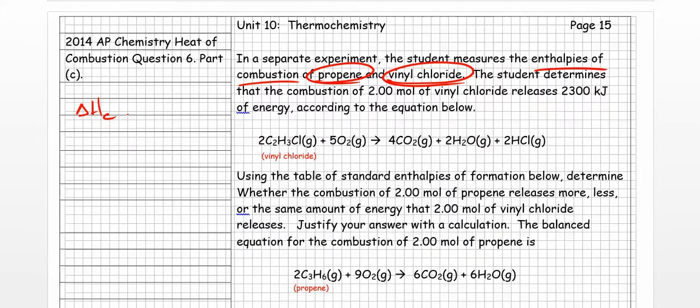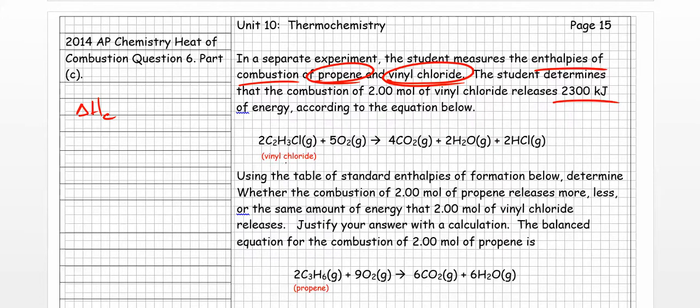It says the student determines that the combustion of 2.00 moles of vinyl chloride releases 2,300 kilojoules of energy according to the equation below. So they're telling me that this is the equation for the combustion of the vinyl chloride, and this C2H3Cl is vinyl chloride.